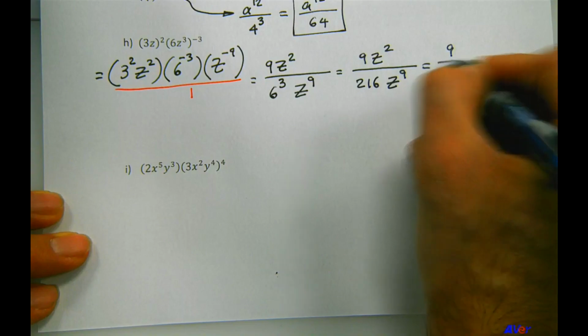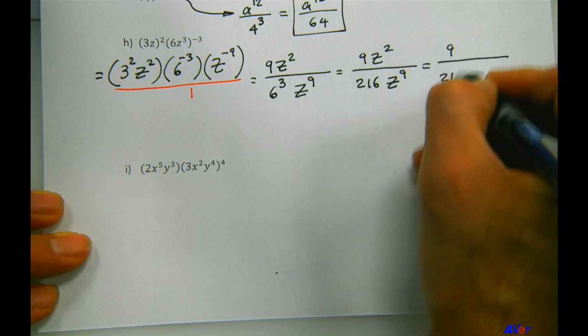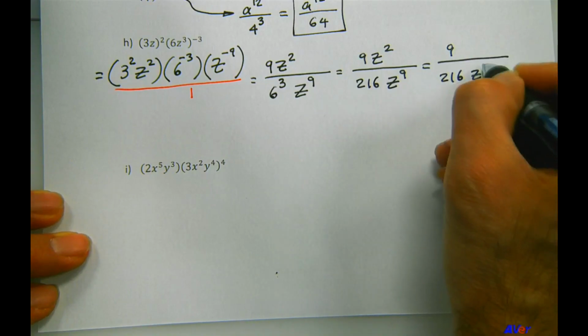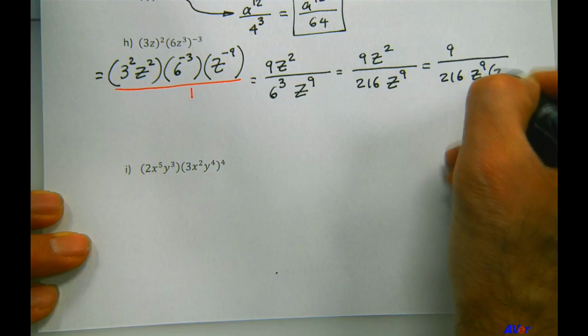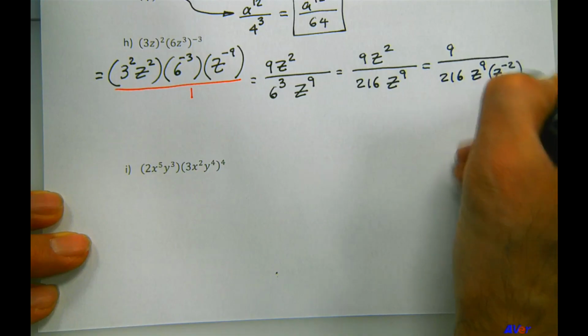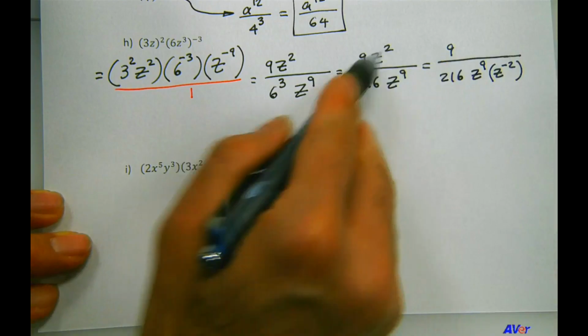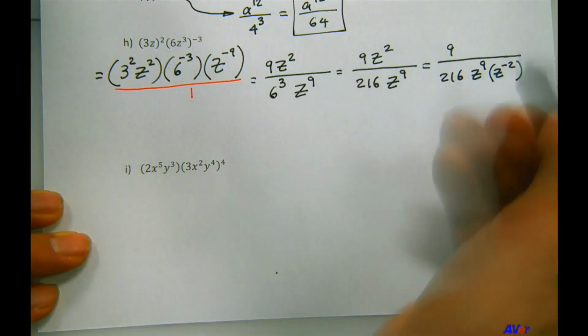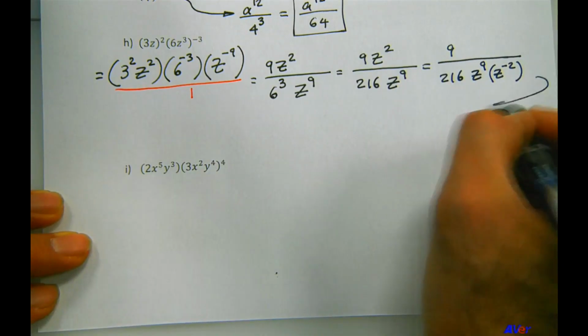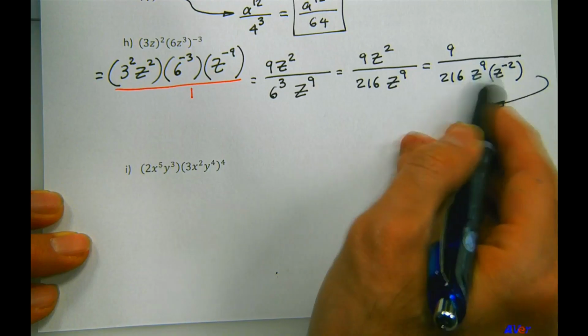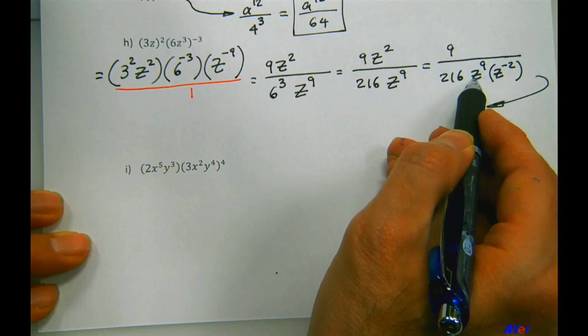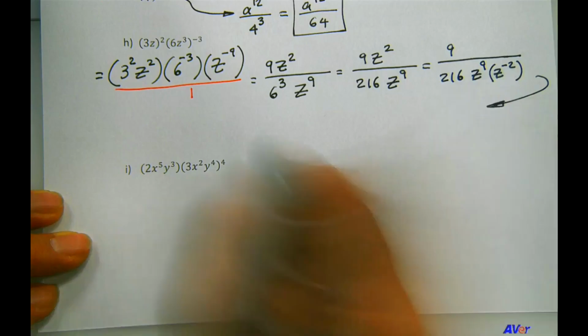So we'll have 9 over 216 z to the 9th times z to the minus 2. Right? I moved it down, so the 2 is now negative. But that's not a problem because z and z are the same bases, so we can add the powers.